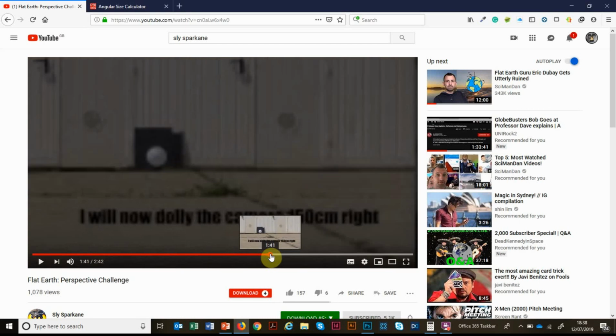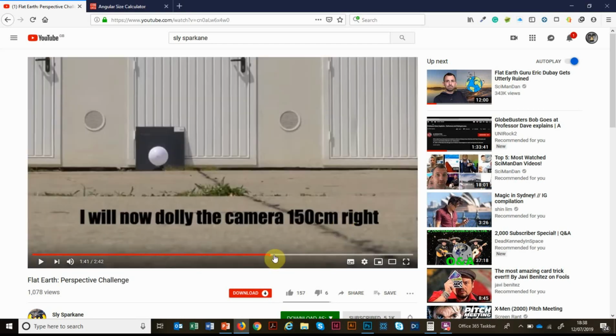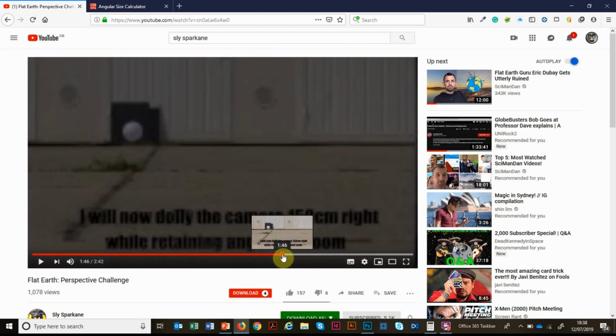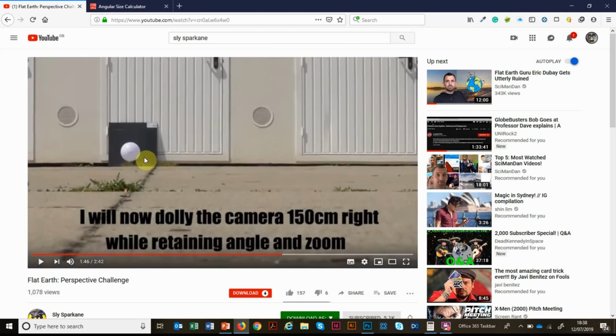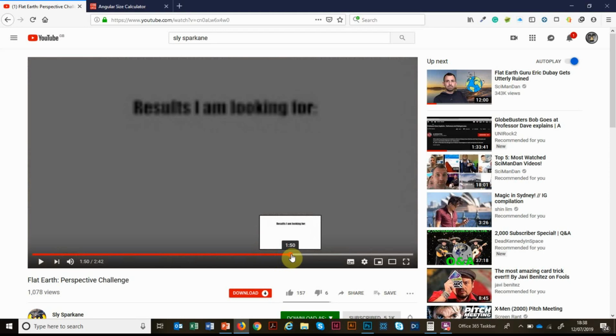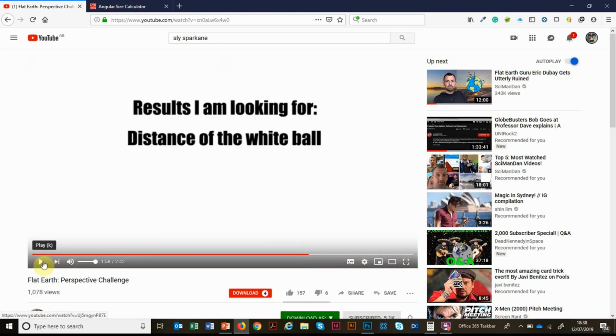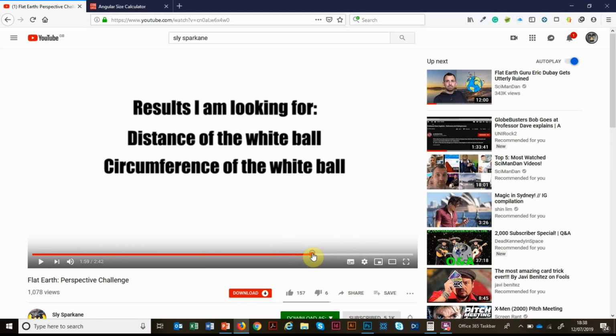Then the camera dollies 150 centimeters right to retain the same angle in the zoom to that point here, and you see the ball move across. So what he's looking for is the distance of the white ball and the circumference of the white ball.